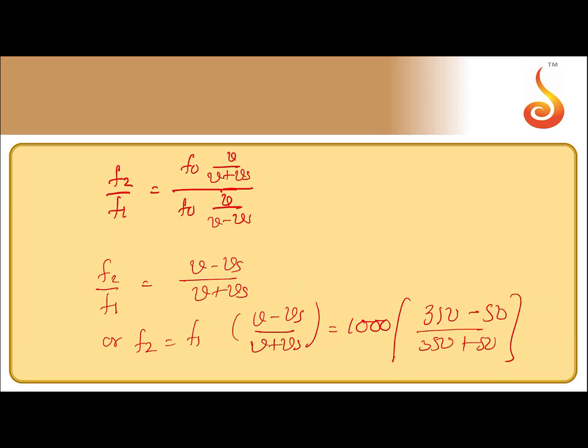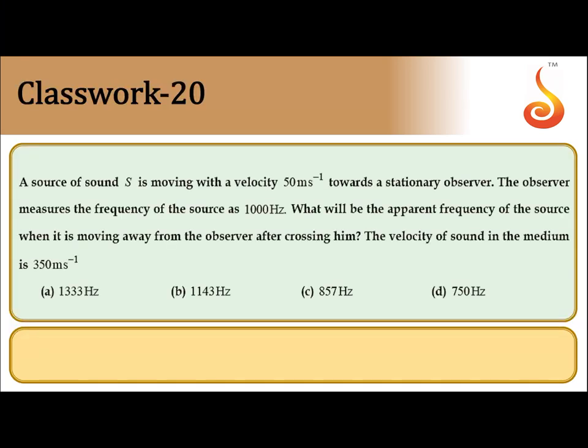Simplifying further, it gives us 750 Hertz. So 750 Hertz is the frequency of the sound recorded by the observer when the source moves away from him.